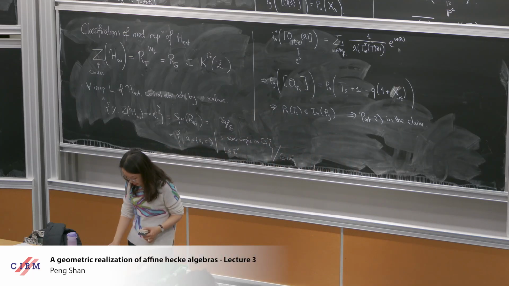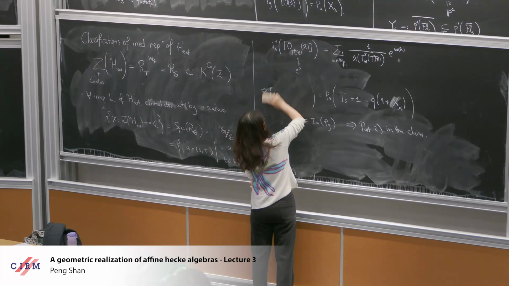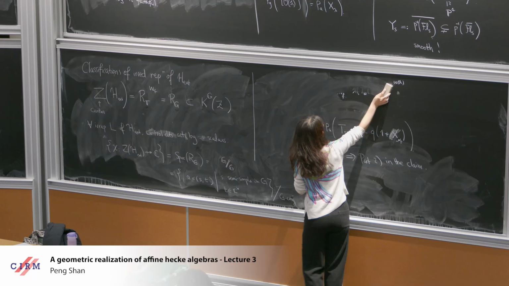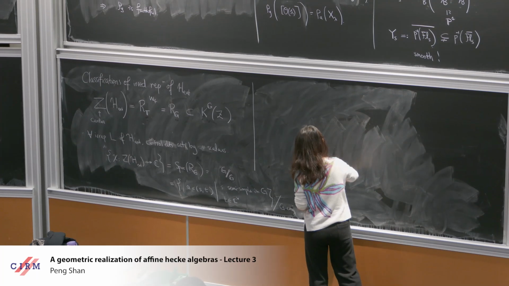Now, on the right-hand side, we can therefore partition irreducible representations of a Hecke algebra according to their central characters.